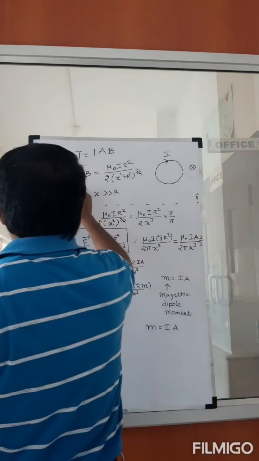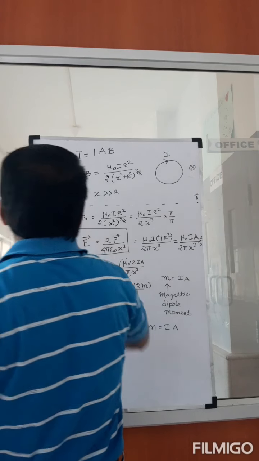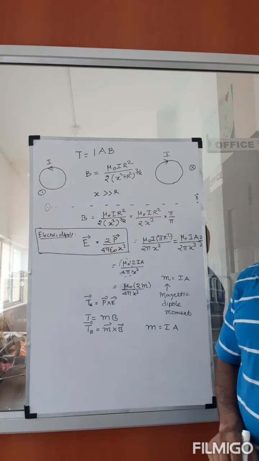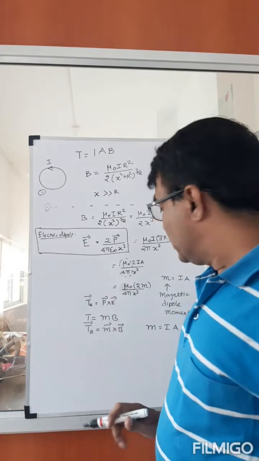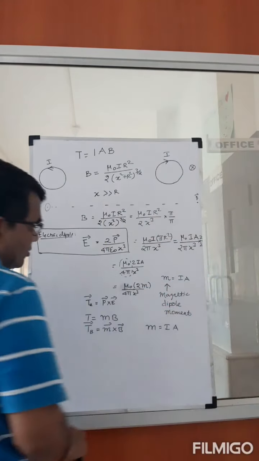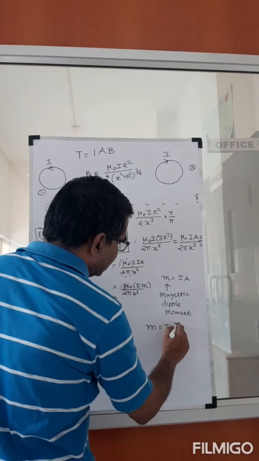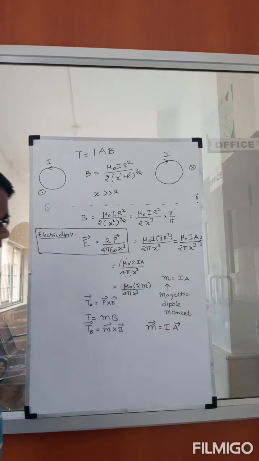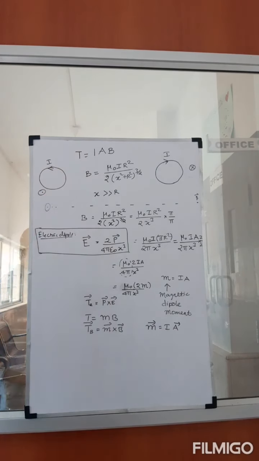So the direction of M will be this. This is the convention I am going to use. So now I have a vector quantity also, M is equal to I A, and the first expression, IAB, can be written like this.